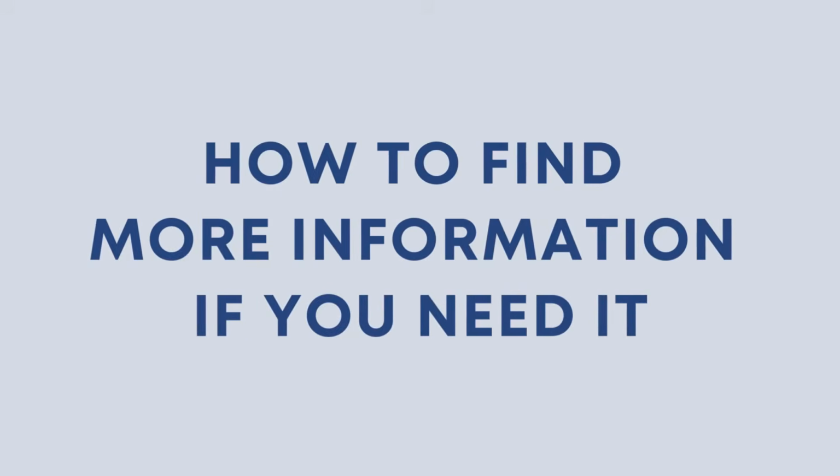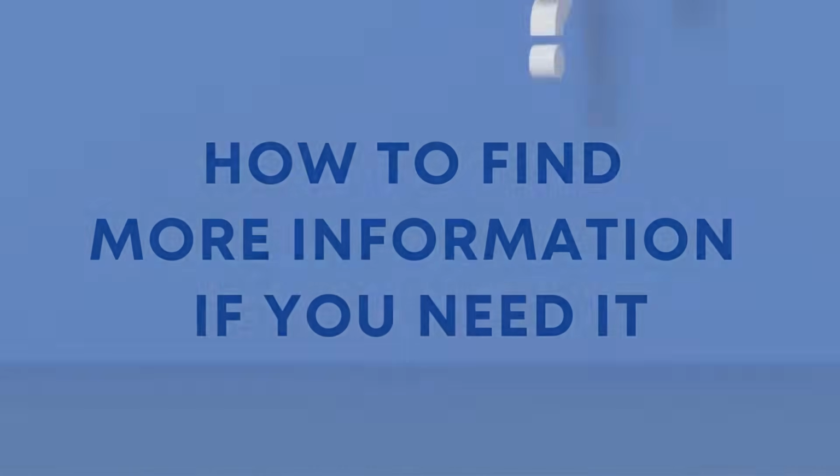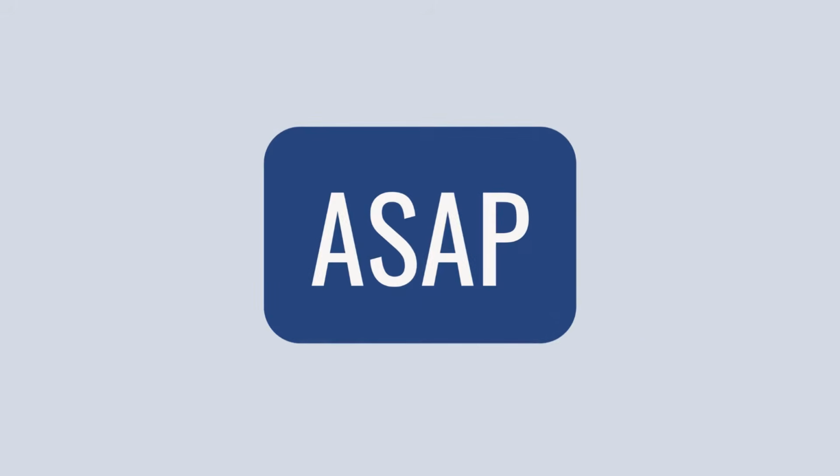How to find more information if you need it. To find more information, such as about the steps of the asylum process after you submit Form I-589, we encourage you to use ASAP's website.